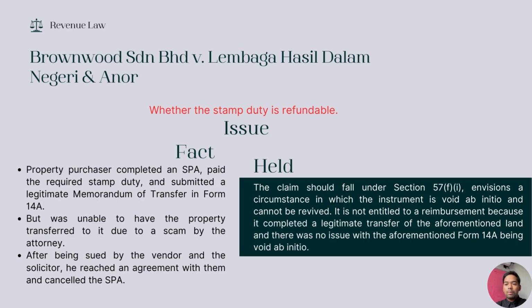Meaning that the property purchaser cannot claim, because it has signed a complete legitimate transfer to the attorney. So in this case, it shows that the memorandum of transfer is the principal object in the principle.